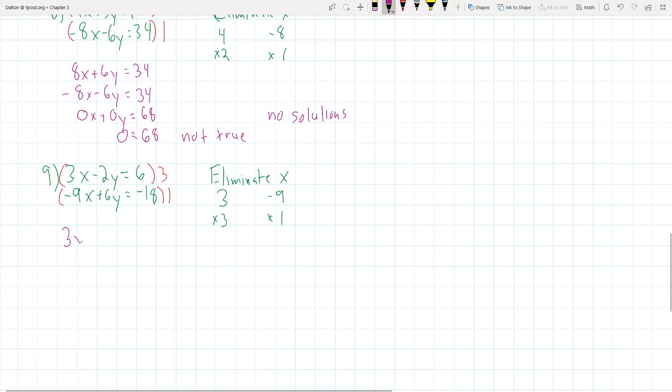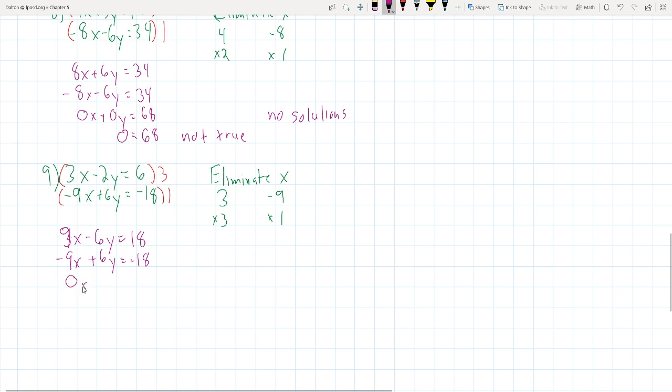So I have 9x minus 6y equals 18. -9x plus 6y equals -18.